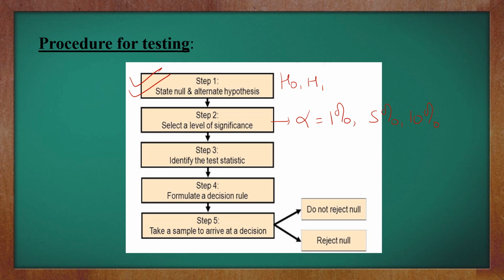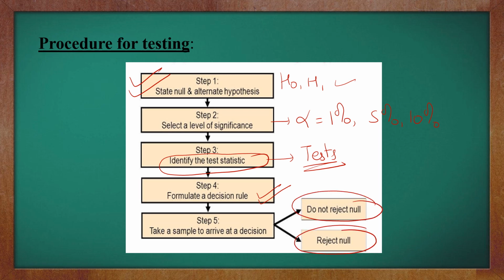When you are solving any data by yourself, you consider it, and otherwise when solving the question, it's already given to you. Then you have to apply some test. You are taking a hypothesis, but how can you check whether it is wrong or not? So you apply some tests on your hypothesis to check if it's correct or not. Then, after that, you have to take a decision: should I accept my hypothesis or should I reject my hypothesis?